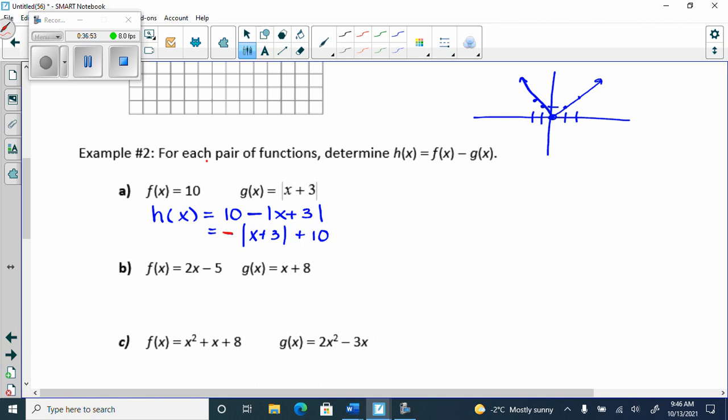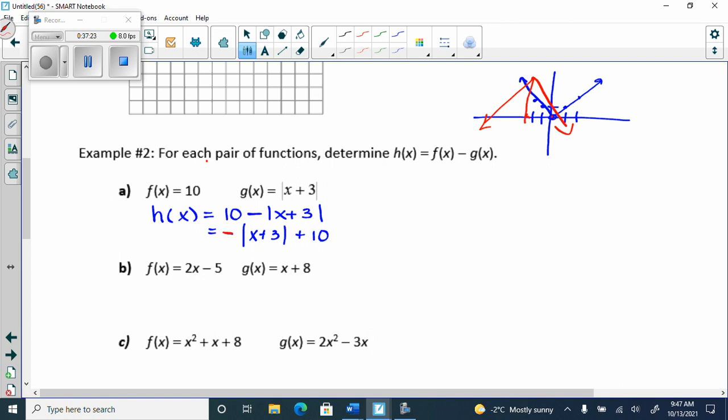It literally just flips itself around and looks the same, right? And now I've moved 3 to the left and 10 up. We agree? So if I go 3 to the left, this is going to be very rough. This is going to be like Connor's sketch. And then 10 up, and then it flops, right? Look at how accurate that is. My domain of this one is still going to be x in the reals, right? But my range is going to be y is less than or equal to 10.